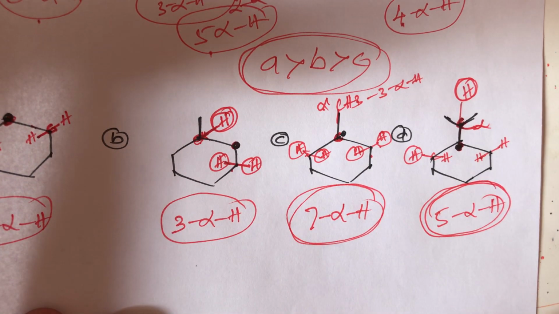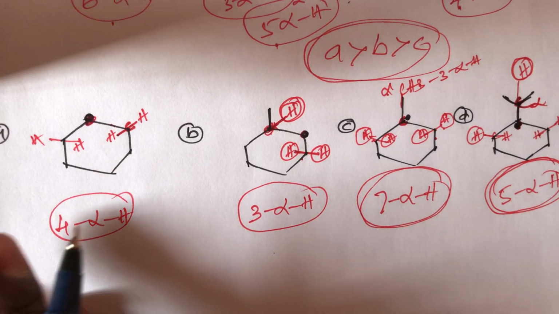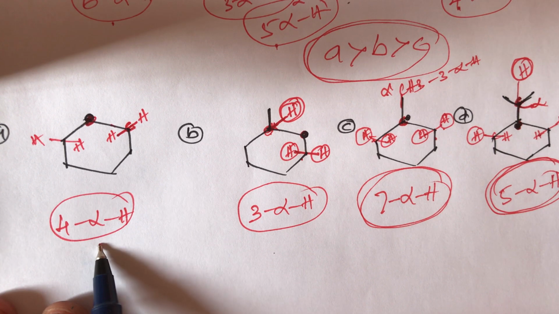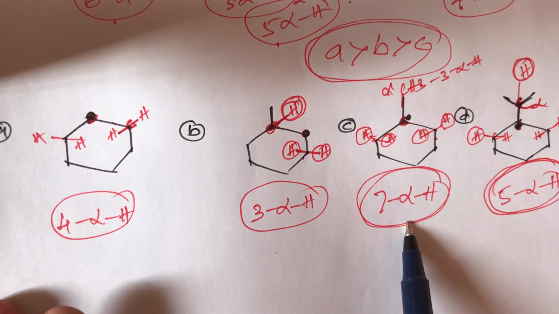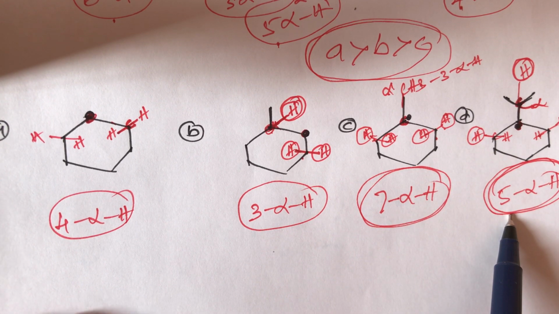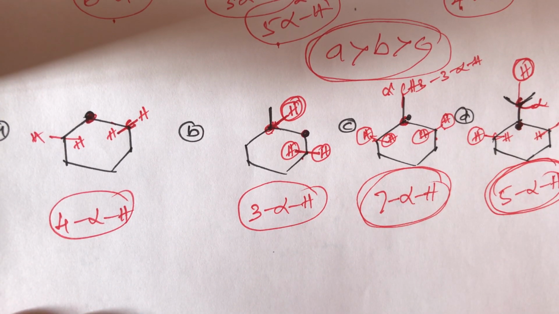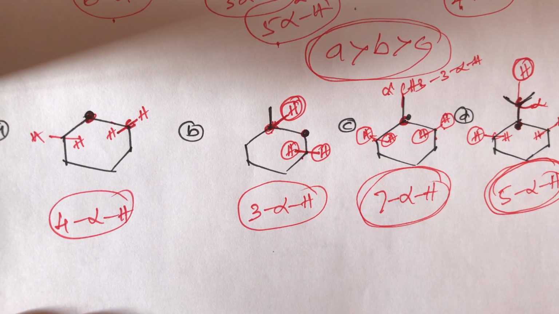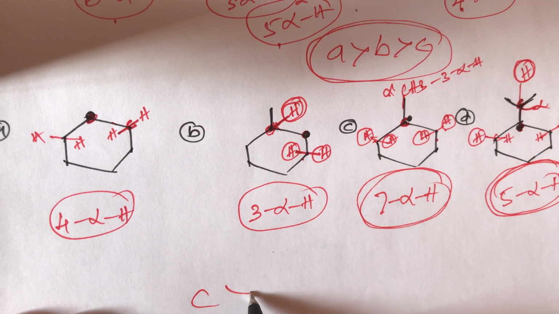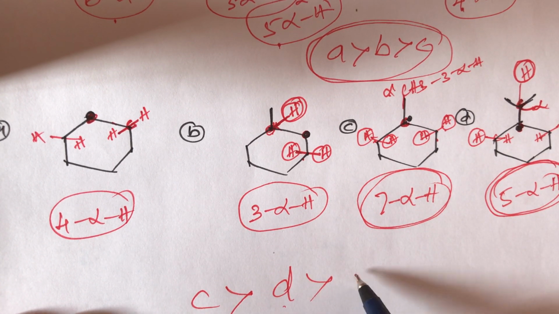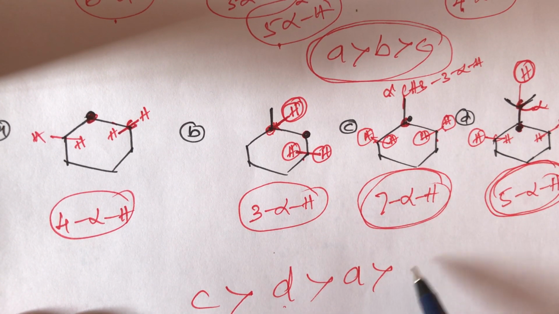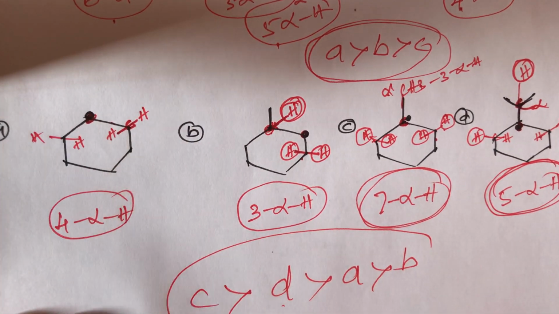So, what is the stability order of the following compounds, A, B, C, D? Here, A has 4 alpha hydrogens, B has 3 alpha hydrogens, C has 7 alpha hydrogens, and D has 5 alpha hydrogens. Stability order depends on the number of alpha hydrogens: the more alpha hydrogens, the more stable. So C is greater than D, D is greater than A, A is greater than B. This is the stability order.